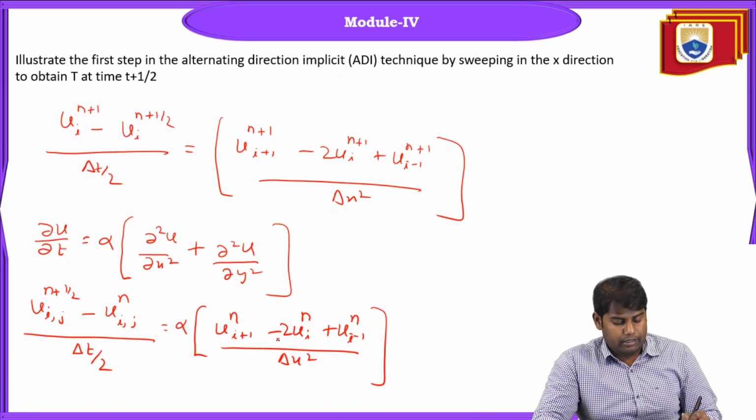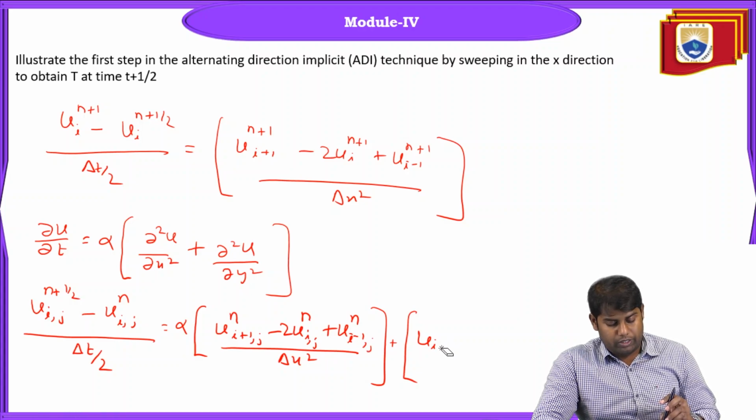This is along x direction. Now along y direction, what happens actually? If we add, so this would be implicit. So u of i plus 1, comma j, comma j.